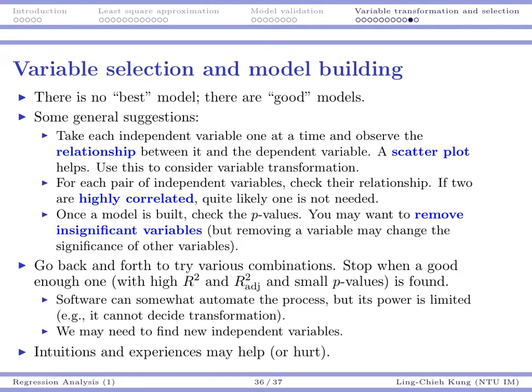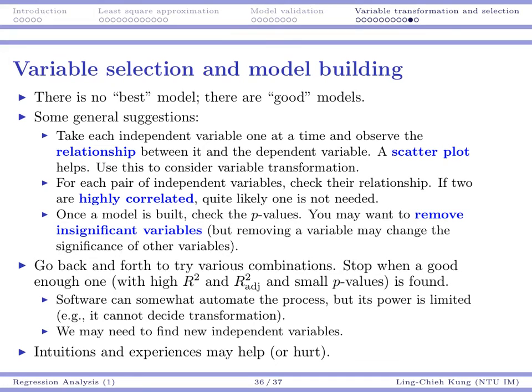Many software tools try to facilitate this process, but what I can tell you is that the power is limited. The software just cannot do a lot of things. For example, it cannot help you to decide transformation.